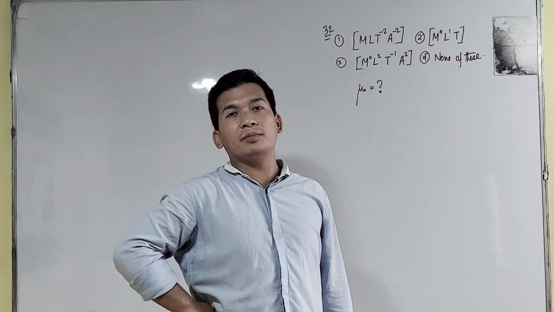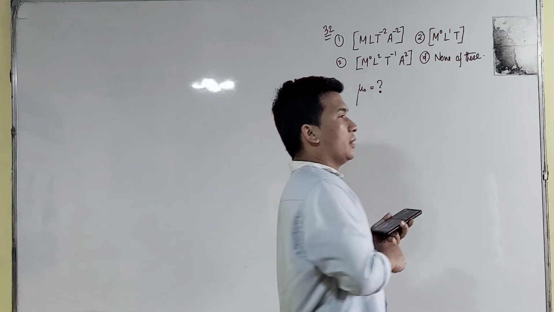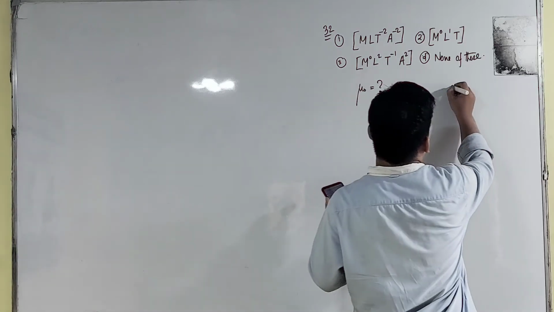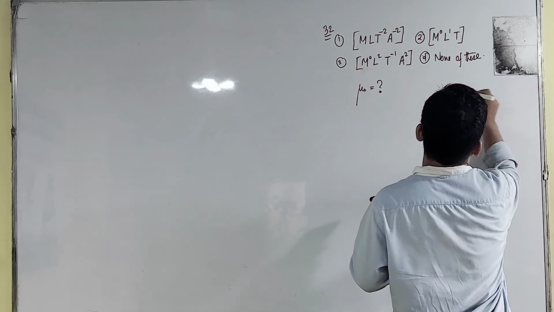Generally we know that A is the symbolic representation of current I.